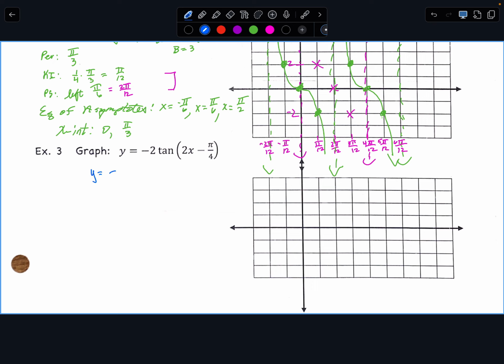Again, make use of structure. The -2 is going to reflect this over the x-axis and stretch it. When I pull out 2, that's the same as multiplying pi fourths by 1/2, and I get a minus pi eighths. And so B is 2. So the period is pi divided by 2.